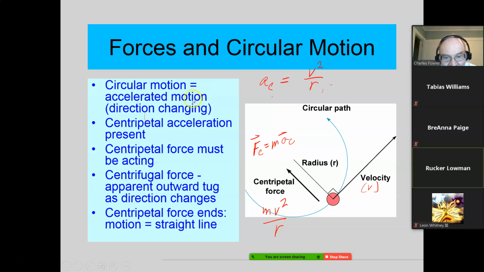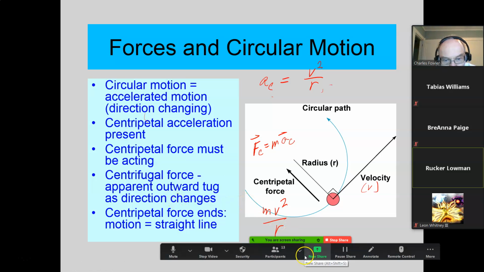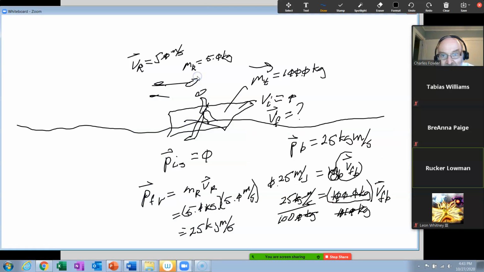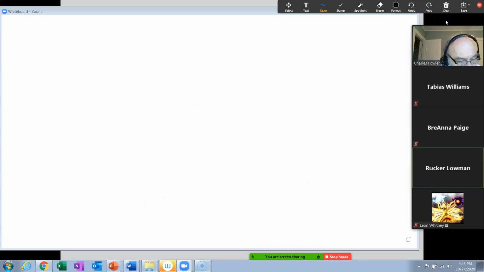So let us now go to our whiteboard. Okay, all right, to clear that. Okay, a 0.25 kilogram ball. What's that a measure of?